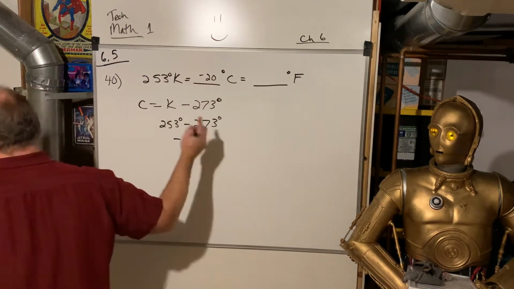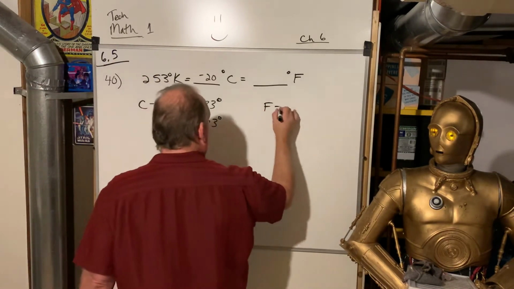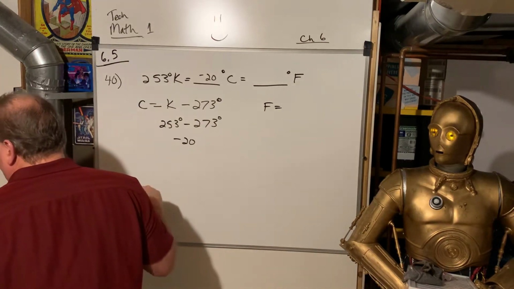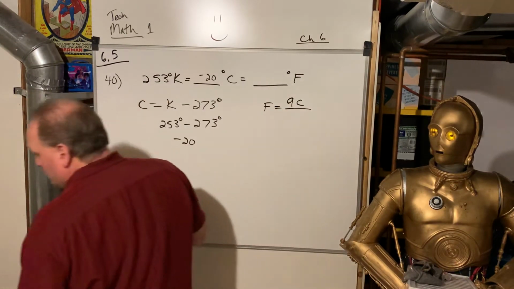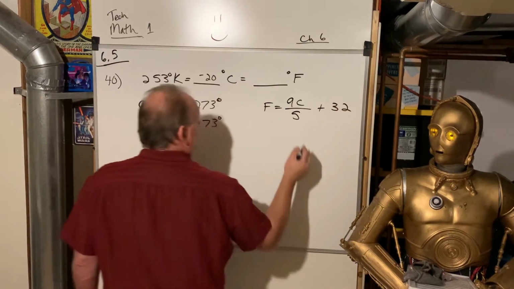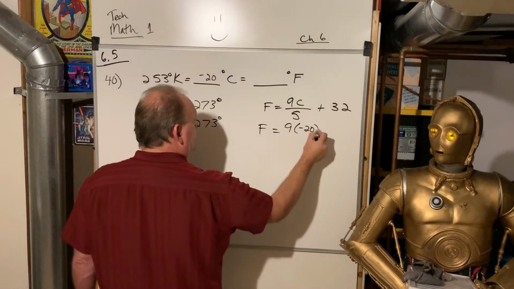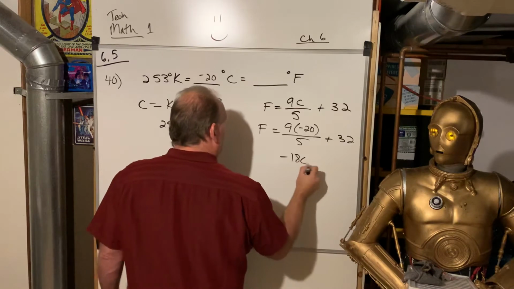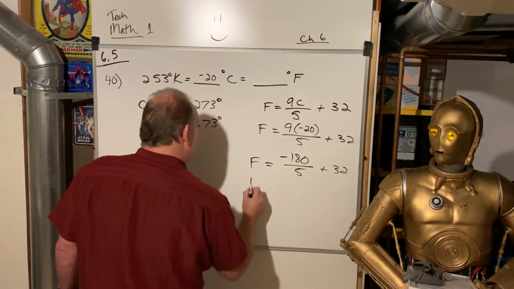And then if we want to convert it back to Fahrenheit, that would be 9 over 5 C plus 32. So we take that negative 20, put it in for C. That's negative 180 over 5 plus 32.